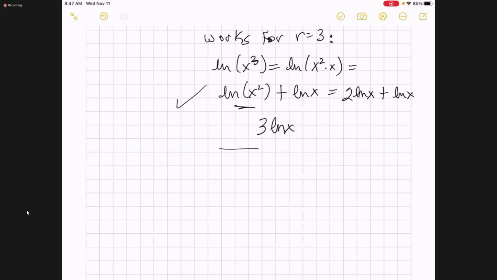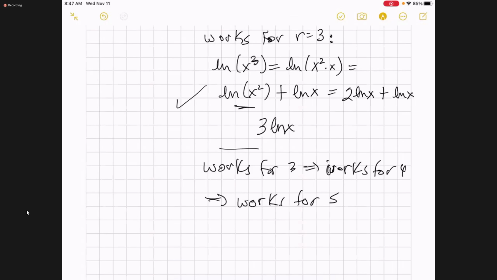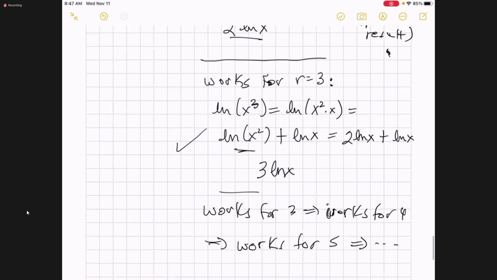So if it works for 3, that implies it works for 4. And if it works for 4, it works for 5. And forever. Using the same argument, it's going to follow that it works for all the positive integers.